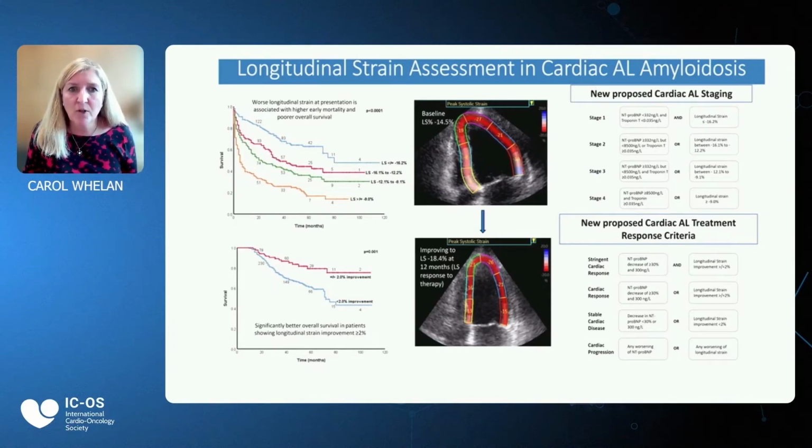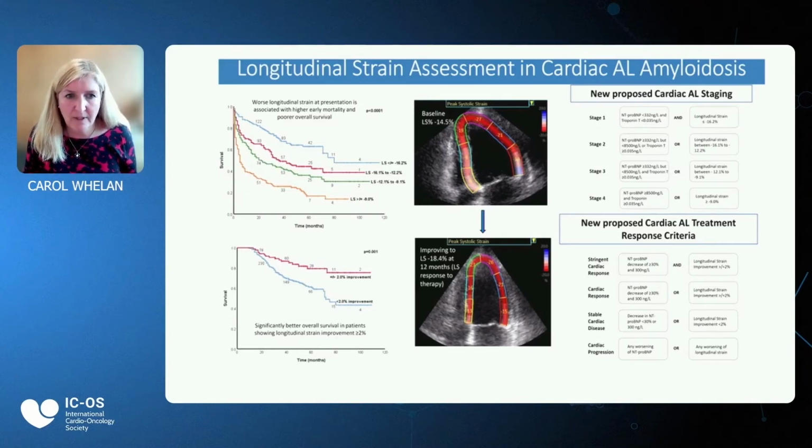So if someone's longitudinal strain is around -16%, their survival is much, much better than those with a longitudinal strain of -9% at presentation.